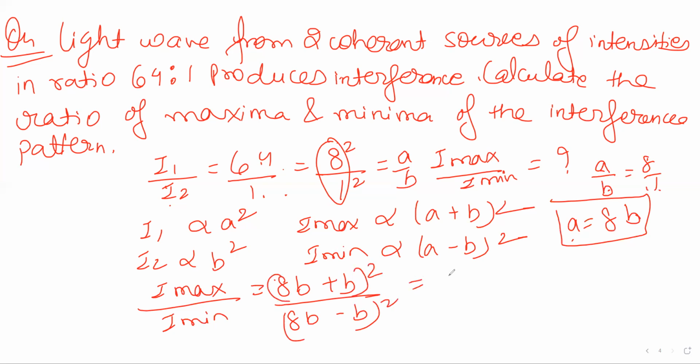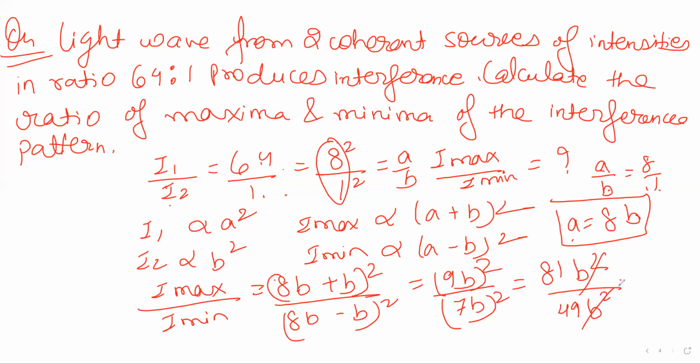So 8 plus 1, 9B divided by 8 minus 1, 7B, whole square. This is equal to 81B square divided by 49B square. B square gets cancelled, so 81 upon 49. That is the ratio I max to I minimum. Understood? Write it fast, or you can take a screenshot also.